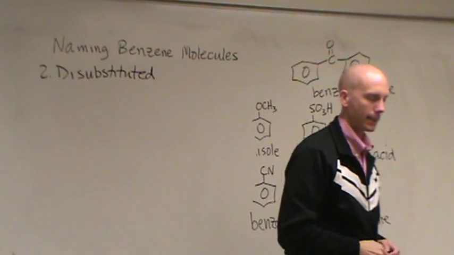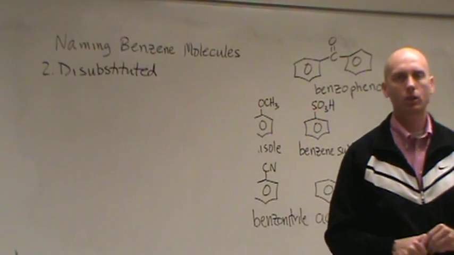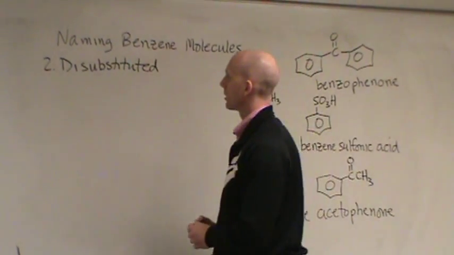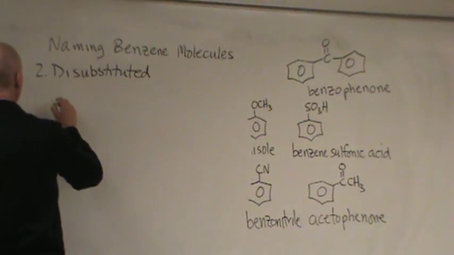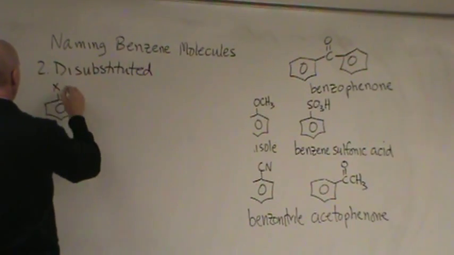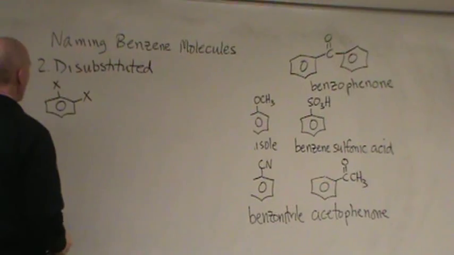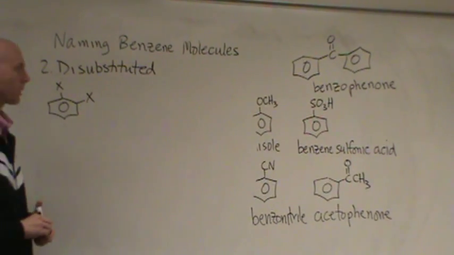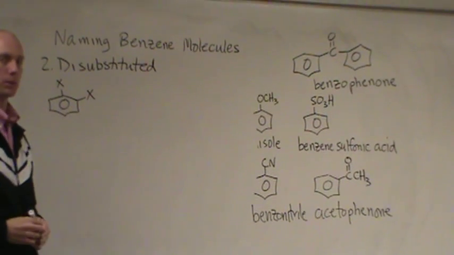When we look at disubstituted benzenes, here we're going to have two groups on the benzene ring. Okay, so when we put two groups, we have to put them on two different carbons.